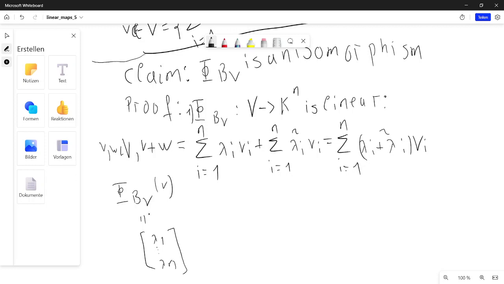Now, if w has this representation, then w is mapped by this map to lambda 1 tilde, ..., lambda n tilde. And we know that if it is represented like that, it is the unique coordinate representation, because the coordinate representation is unique, and this is the way in which it is represented with respect to the basis with exactly these coordinates. So these have to be the coordinates, right?